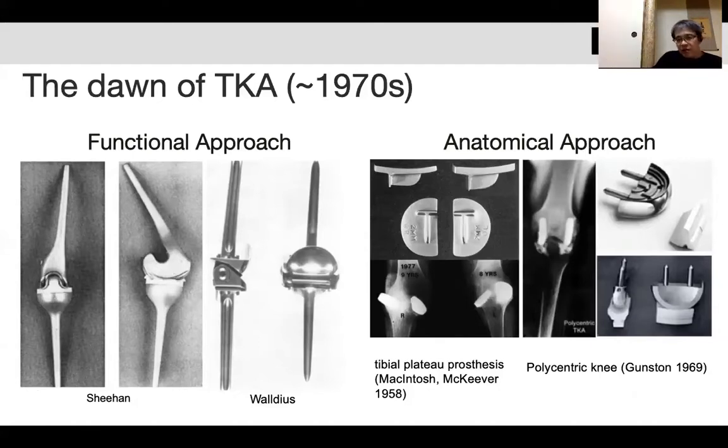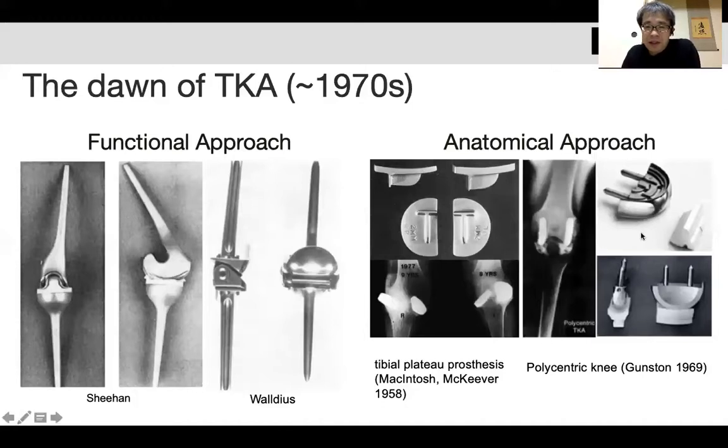Another approach is the anatomical approach to resurfacing, like this: resurfacing using a tibial component, tibial resurfacing. Another uses both tibial and femur components, something like a bicondylar knee.